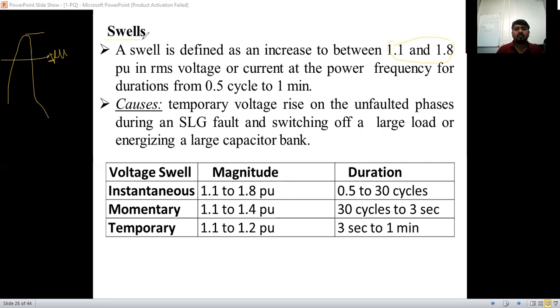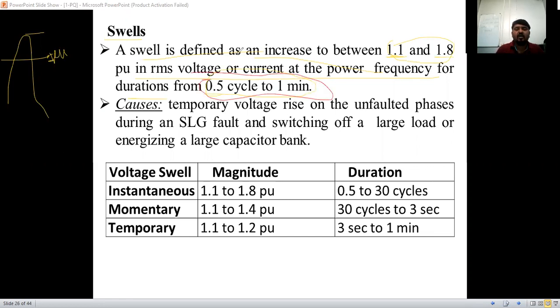A swell is defined as an increase in voltage or current between 1.1 and 1.8 per unit in RMS voltage or current at power frequency for a duration from 0.5 cycles to 1 minute. The duration is the same for voltage sag and swell, but the voltage variation is different.